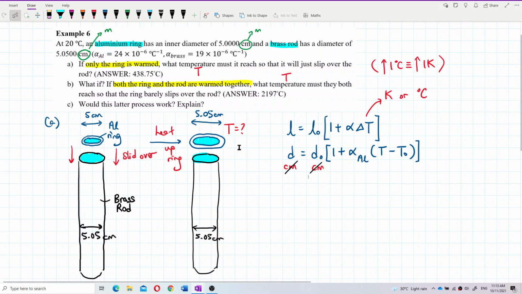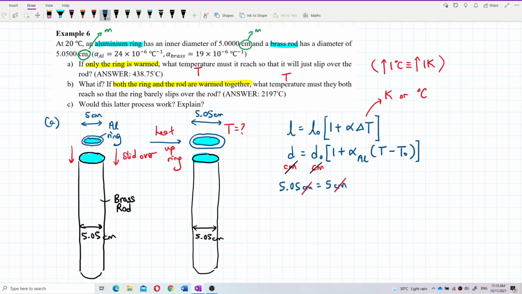So this is the final diameter, 5.05 centimeter, and the initial diameter is 5 centimeter. Never mind, you can put centimeter because they can cancel.